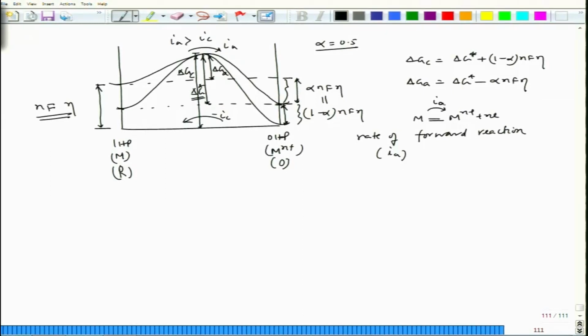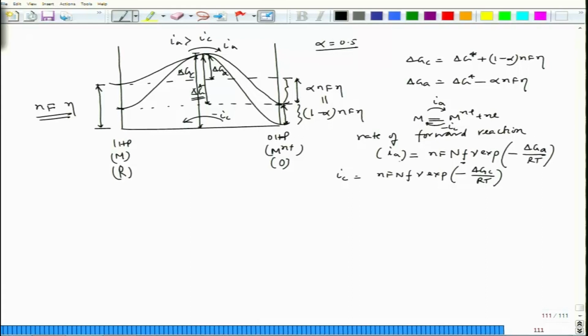This is the forward direction I A and this is my I C. We can relate it in this form: n F, the frequency factor nu, the fraction of atoms that are going towards the OHP, and the fraction of atoms that go to the other end, and then exponential of minus delta G A by R T. Similarly, I C can be related as n F n F nu exponential minus delta G C by R T.